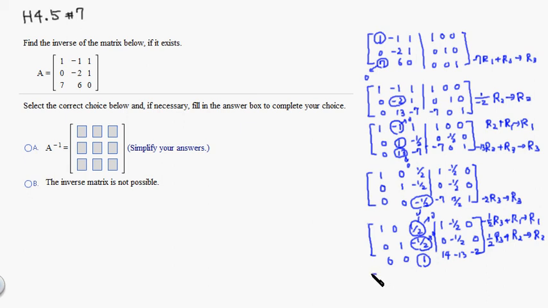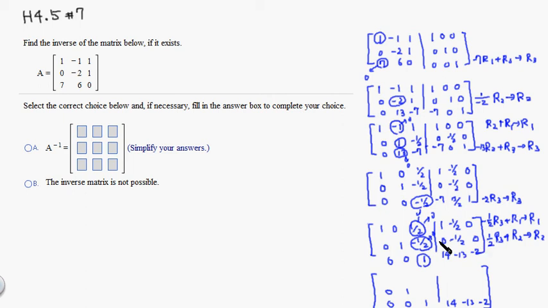Nothing happens to the third row, so I'll just keep that: 0, 0, 1, 14, negative 13, negative 2. Now we multiply this by 1/2 added to 0, still 0. Multiply 0 by 1/2 added to 1, still 1.